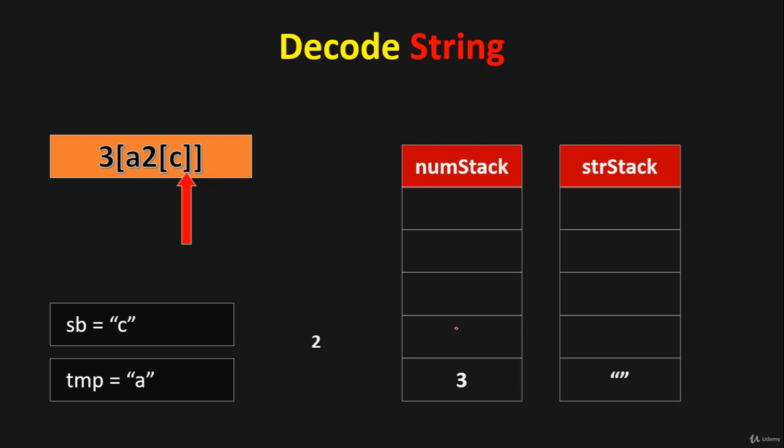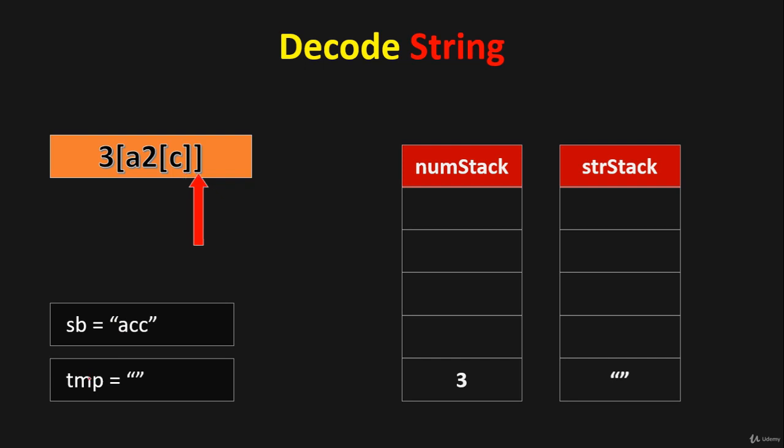So let's repeat whatever we have at string builder variable 2 times using a loop. If we repeat C 2 times, we get CC, and let's append CC to this temp variable. So ACC. Now let's set this temp variable to the string builder. So string builder equals ACC. And since this temp is a temporary variable, we'll lose this value.